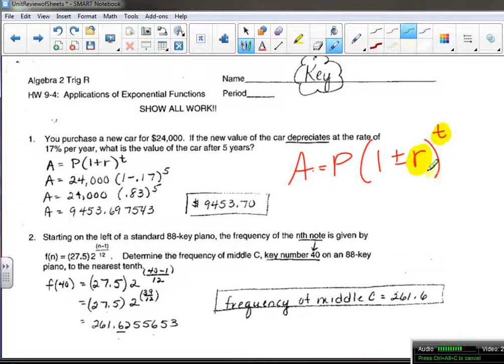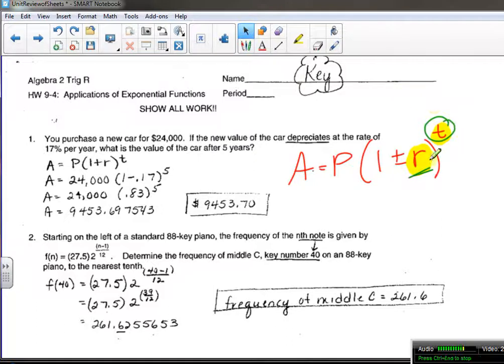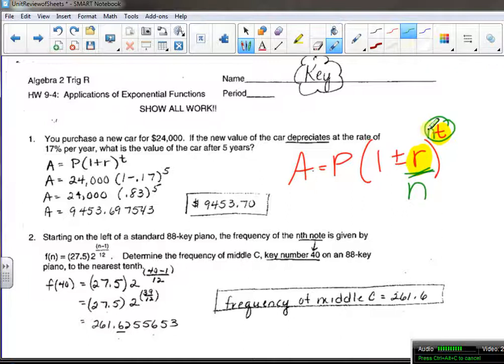If I've been given a rate in years, an annual rate, then I make sure this T is annual. If I have to compound quarterly though, I have to put quarters in my T, and I'll have to divide my annual rate by 4 in order to get a quarterly rate. The alternative to that, which you probably have seen, is that in the formula you see this. It's over N and there's an NT here.